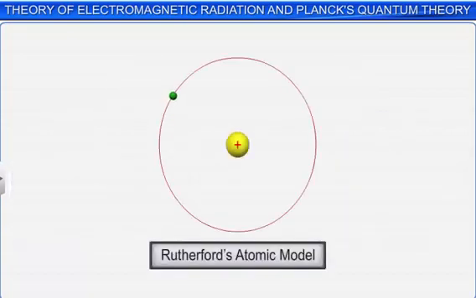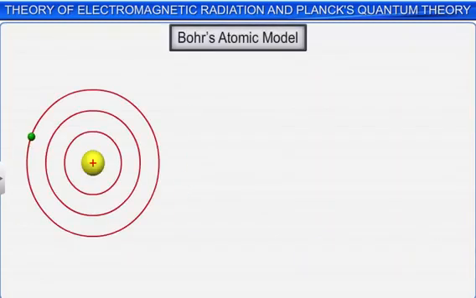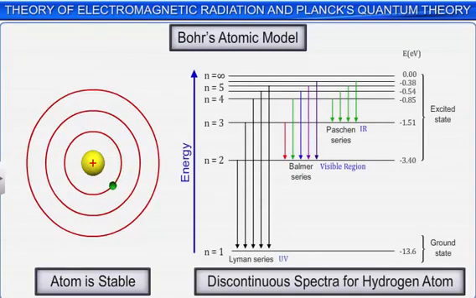The improvised outcome of Rutherford's atomic model is Bohr's atomic model. Bohr's theory could successfully explain the stability of an atom as well as the discontinuous spectra for hydrogen atom.